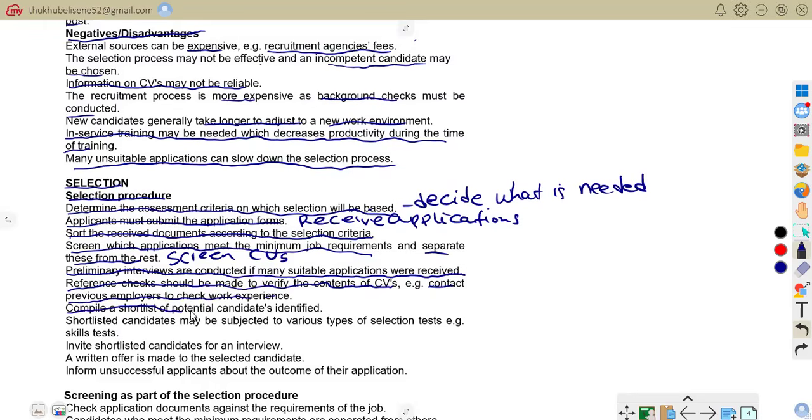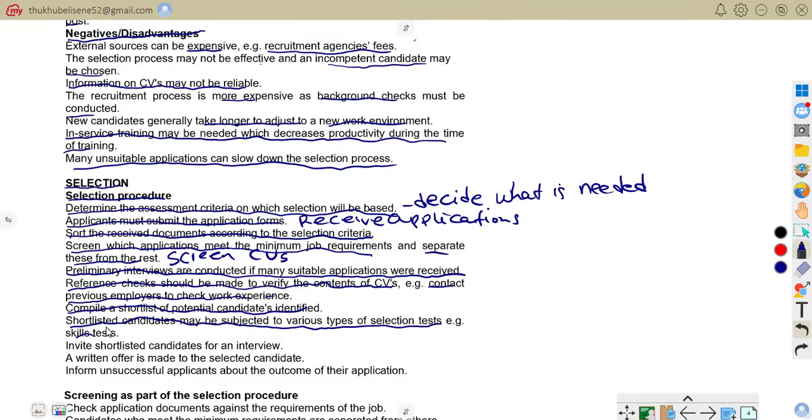Compile a short list of potential candidates identified. For example, 5 candidates selected for the final interview. Shortlisted candidates may be subject to various types of selection tests, for example a skills test.